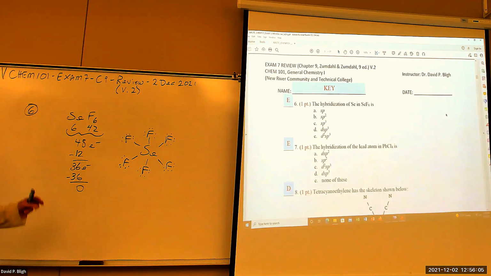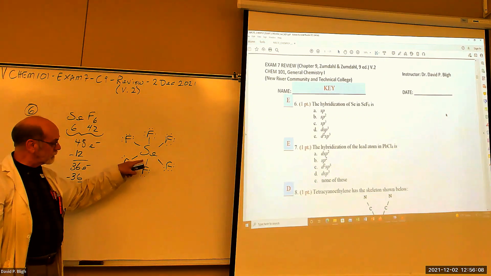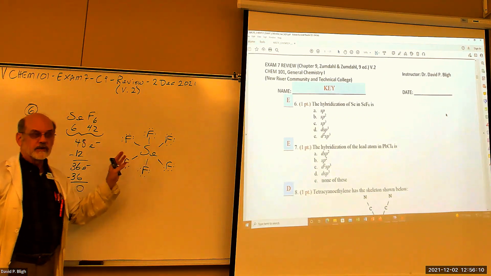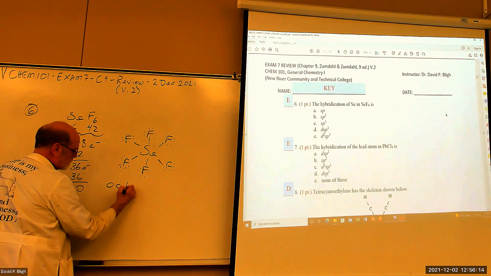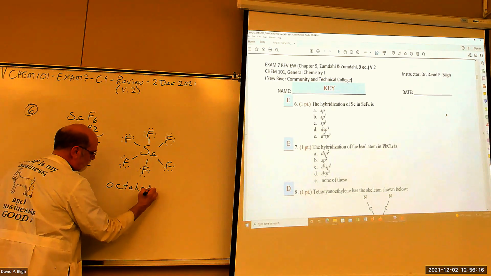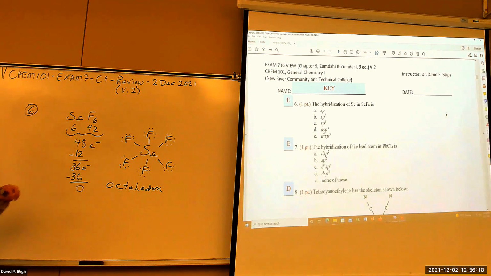Okay? So that means around the central atom, we have 1, 2, 3, 4, 5, 6 groups, which means octahedron. Okay? Now we can say what type of hybridization it needs. It needs 6 equivalent hybrid orbitals, right?